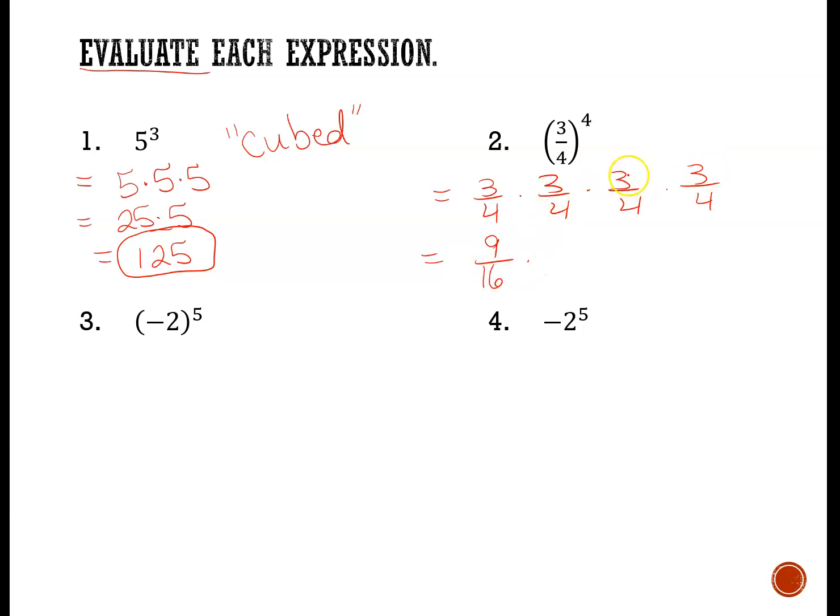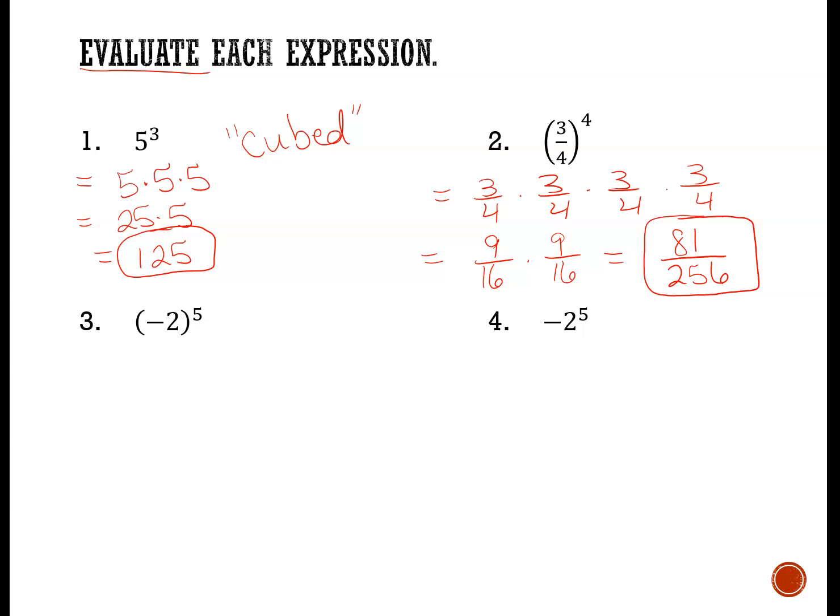And then I'm going to do the second 2, 3 times 3, 9, 4 times 4 is 16. And now multiply across the top is 81. And across the bottom, 16 times 16. If you don't know that, go ahead and just work that out to the side. You should get 256, and this fraction cannot simplify, so that would be our final answer.